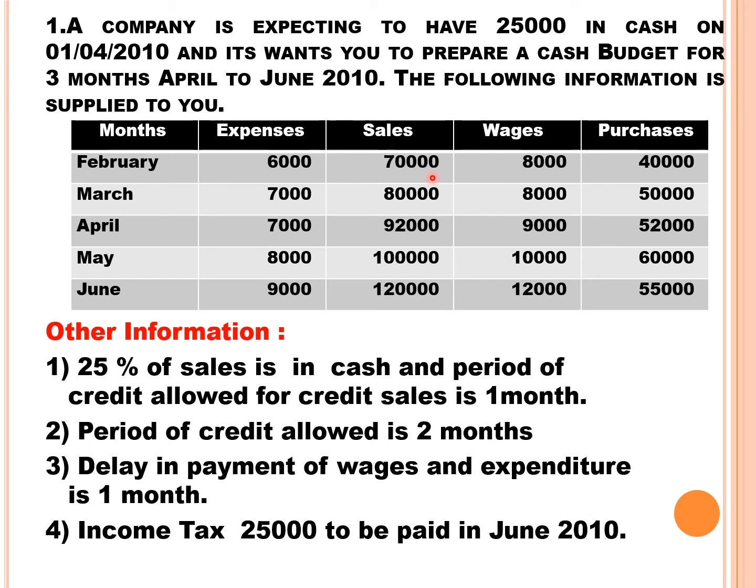Then the remaining 75%, 52,500, will be received in the month of March.